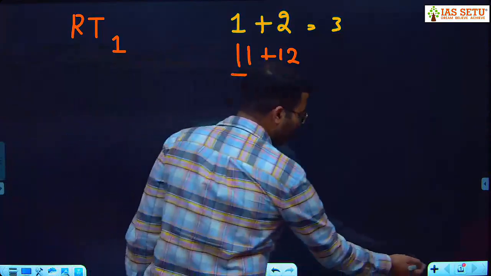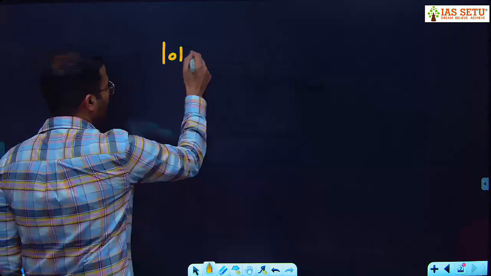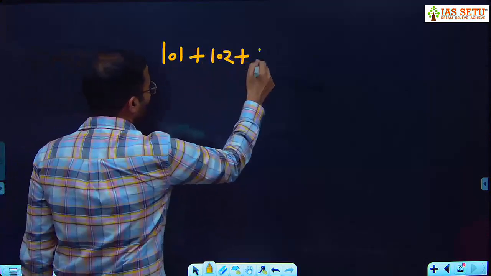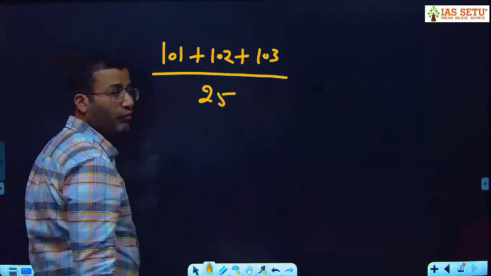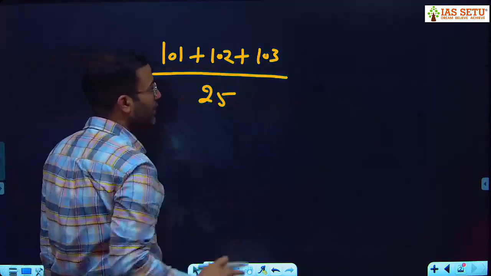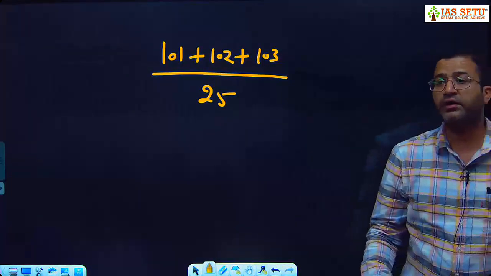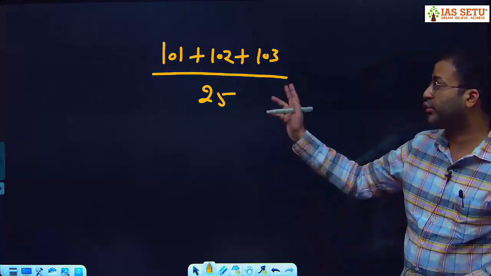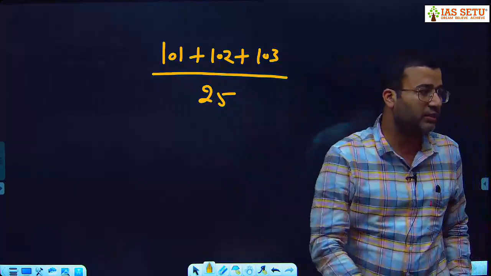Just wait, let me take 2-3 examples so that you can understand. Like 101 plus 102 plus 103 divided by 25. One thing, you can take this total and then you can divide total by 25, you can check the remainder. But our remainder theorem suggests no need to take total, because 100 is multiple of 25.